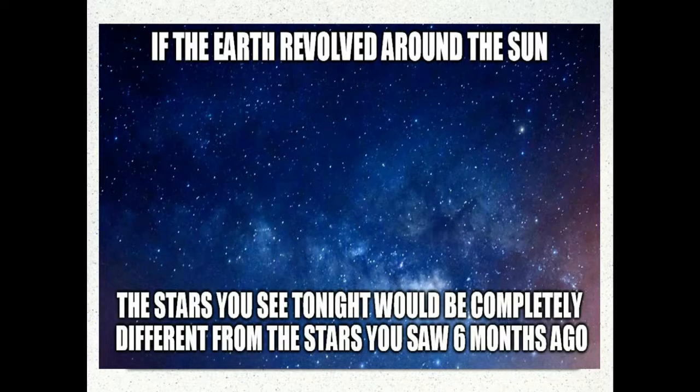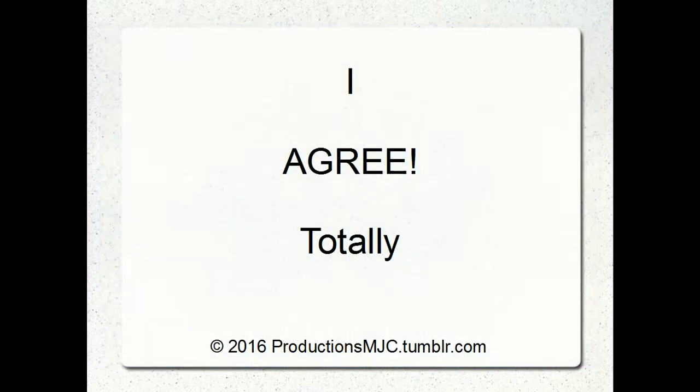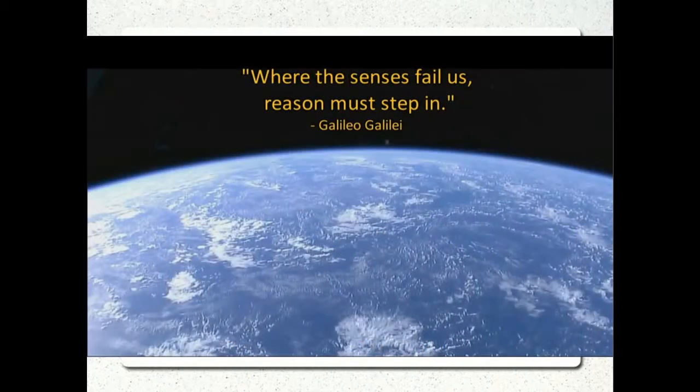Look at this. This person sent me this, saying if the Earth revolved around the sun, the stars you see tonight would be completely different from the stars you saw 6 months ago. I agree totally, because they are. That's what first prompted the ancients to say, what is going on? Where the senses fail us, reason must step in.